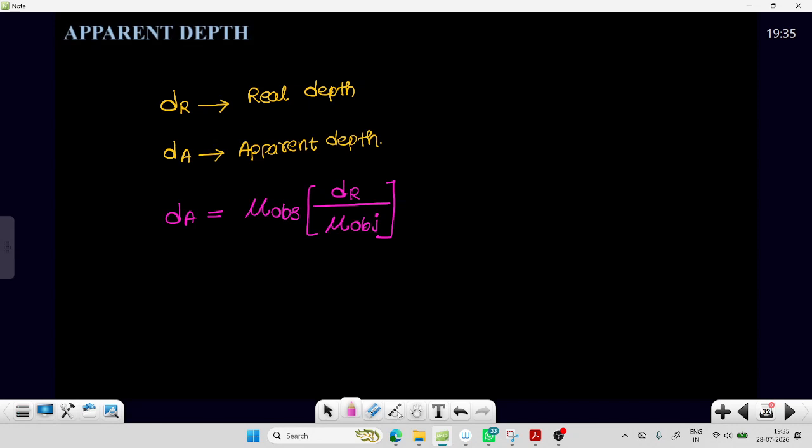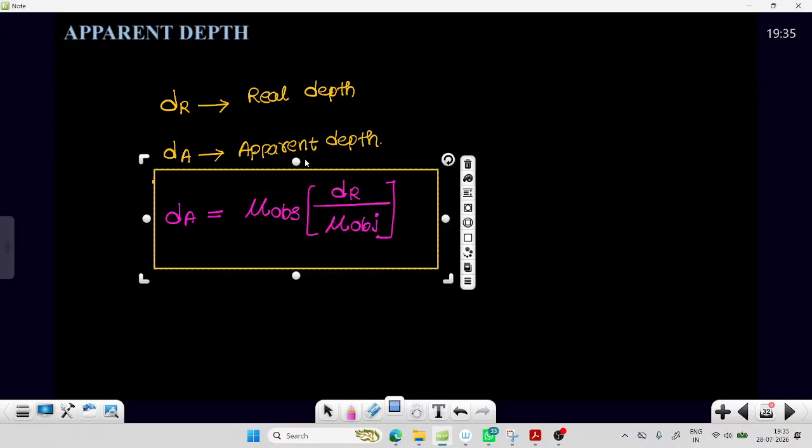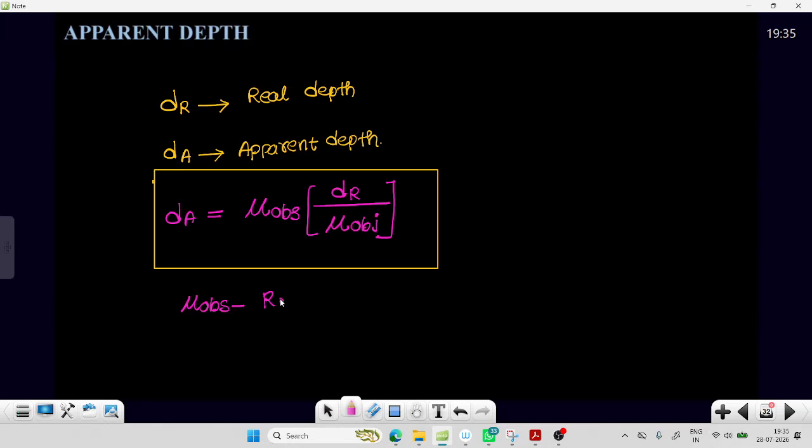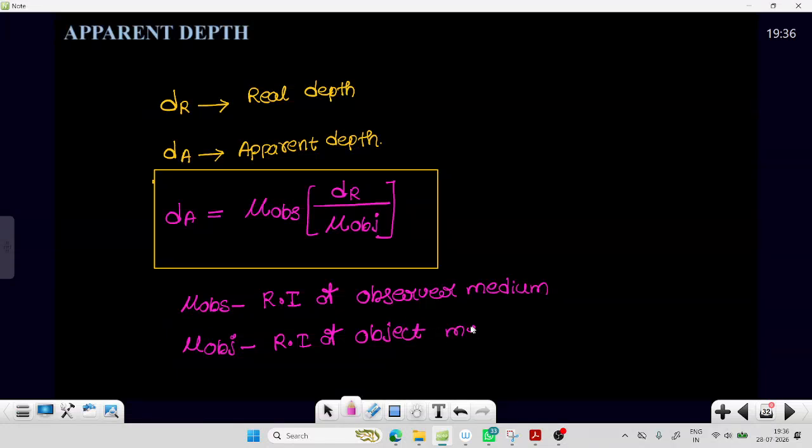So remember this: first we write it as mu observer into dr by mu object. Mu obs means the refractive index of the observer medium, and mu obj means the refractive index of the object medium.